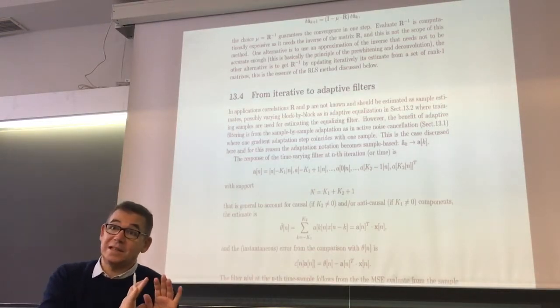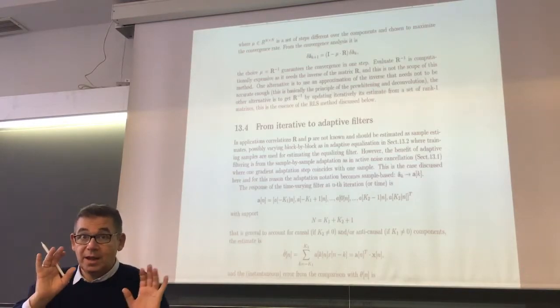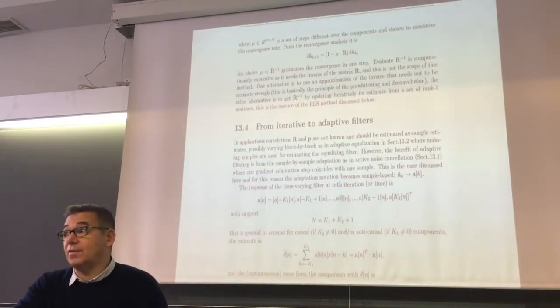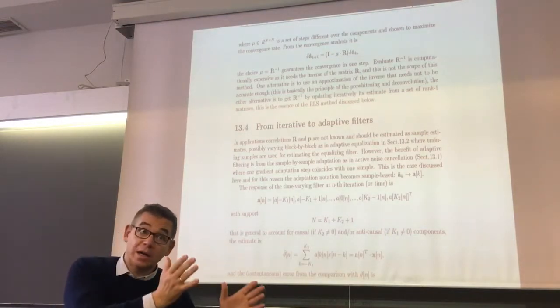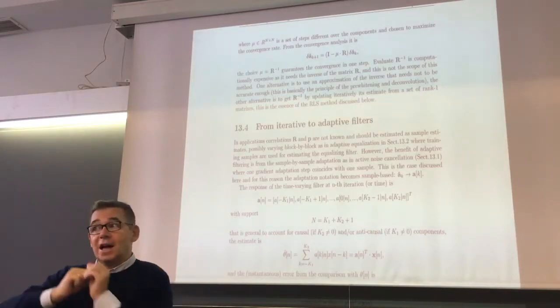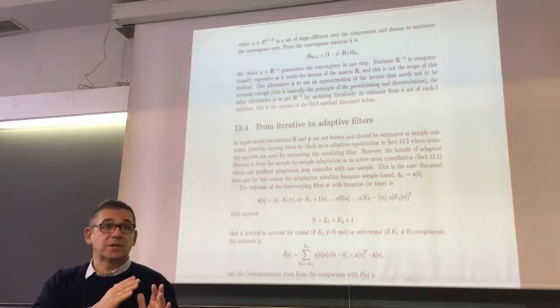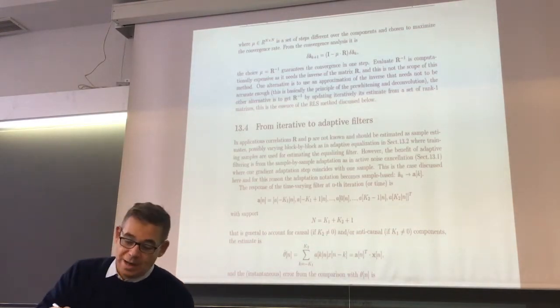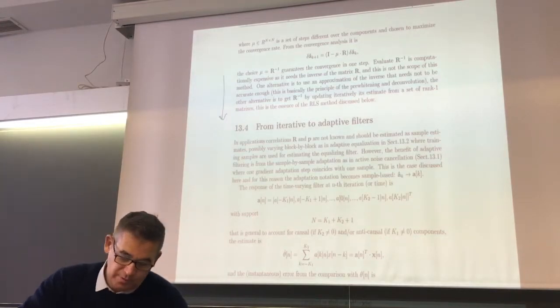Everything we said up to now is on iterative convergence. Iterative means I have R, the autocorrelation matrix, and P, the cross-correlation vector, and then I start iterating.